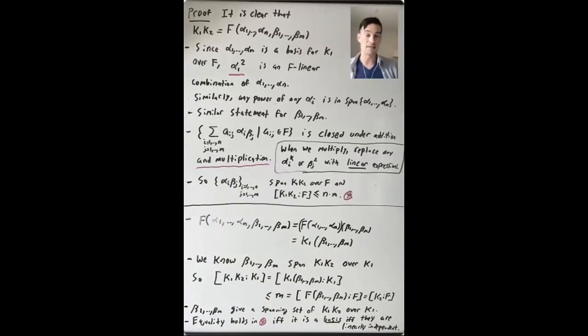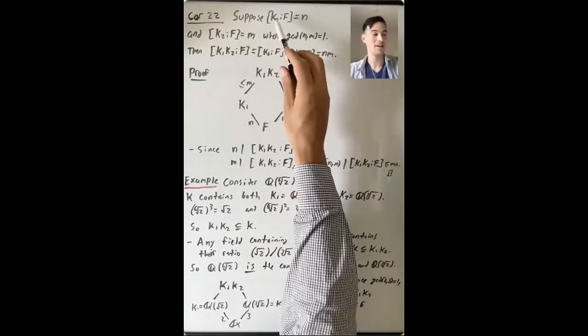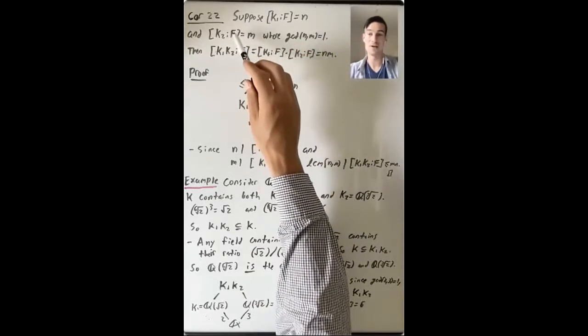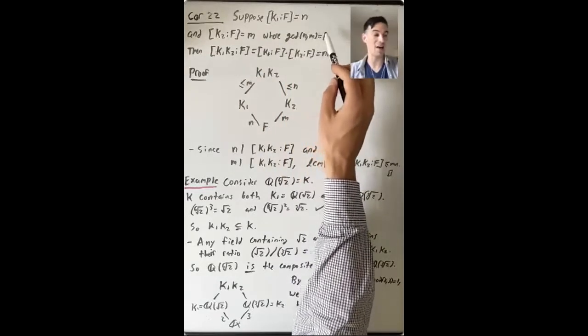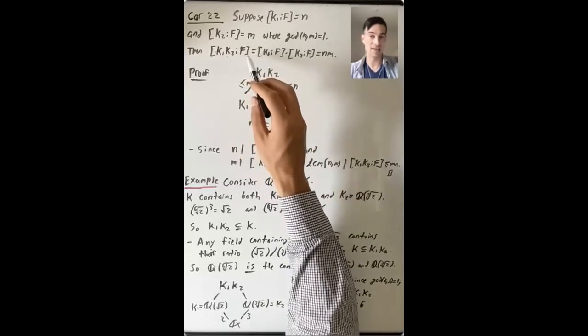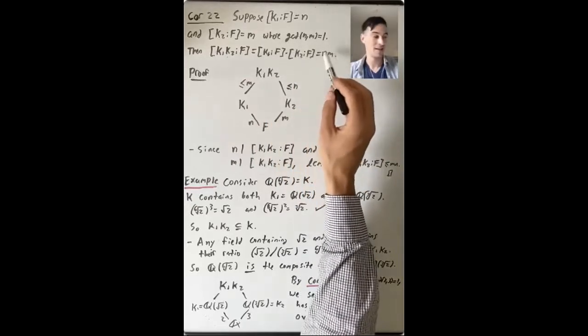All right, so I'm going to pause and erase, and I'm going to give a corollary of this result that ends up being quite useful in applications, and then I'll talk about some examples. Let's prove Corollary 22, which says if you have K1, a degree n extension of F, and K2, a degree m extension of F, where the GCD of n and m is 1, then the degree of the composite is equal to the product of the degrees, n times m.